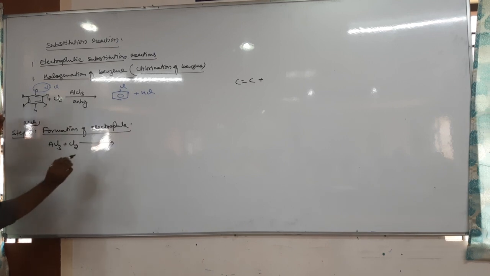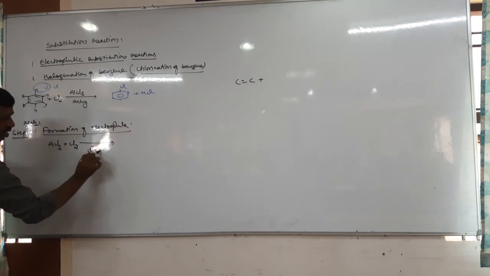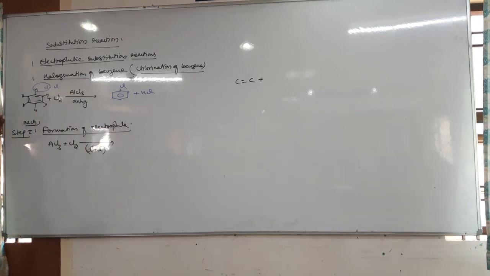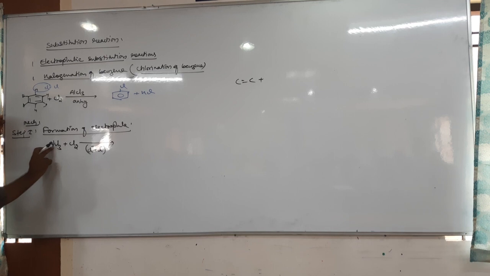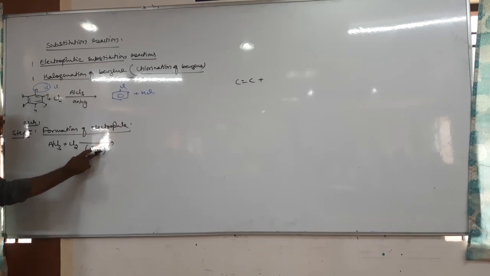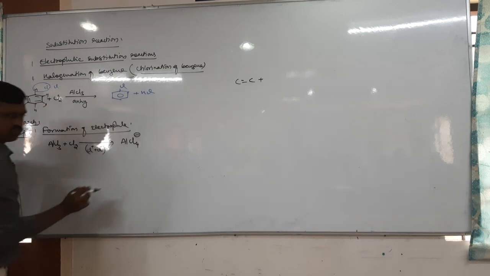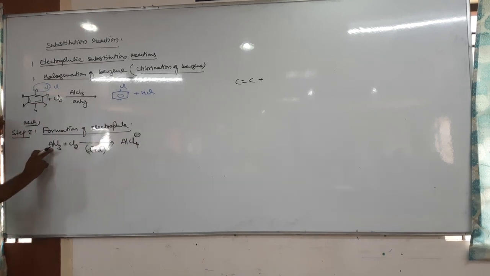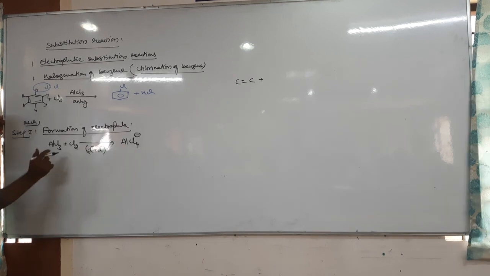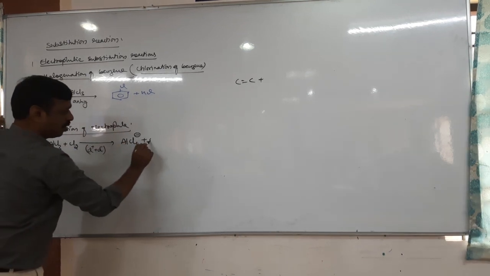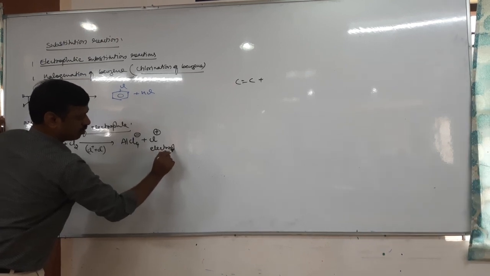We know that chlorine undergoes heterolytic cleavage, it gives Cl+ and Cl-. Now tell me, AlCl3 combined with Cl-, what does it form? AlCl4-. AlCl3 plus Cl- gives AlCl4-, plus what is left? Cl+. This Cl+ is an electrophile.